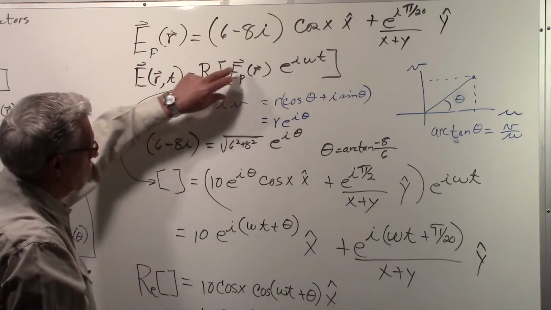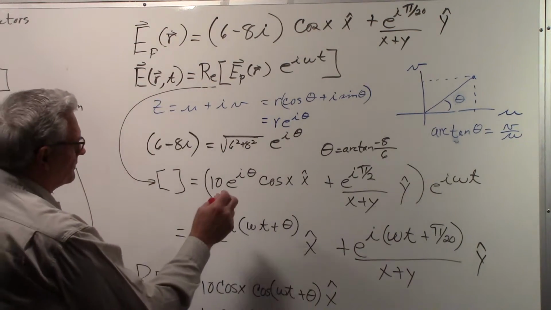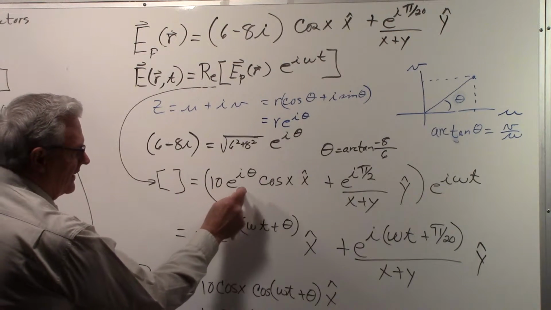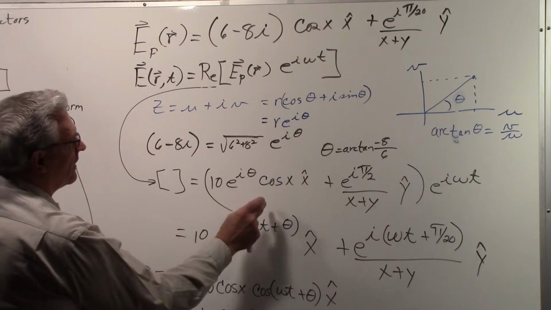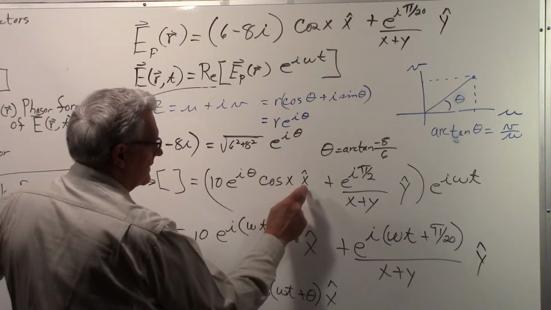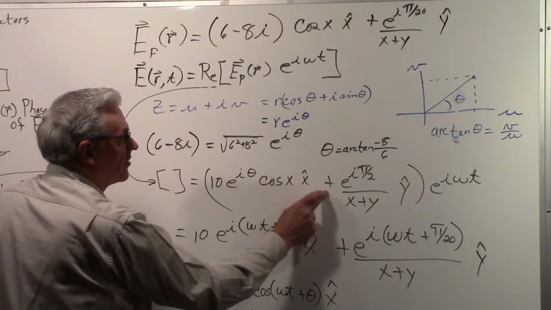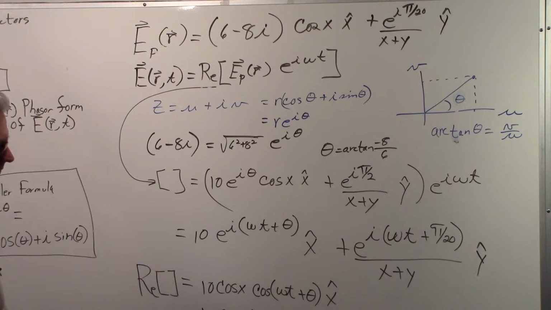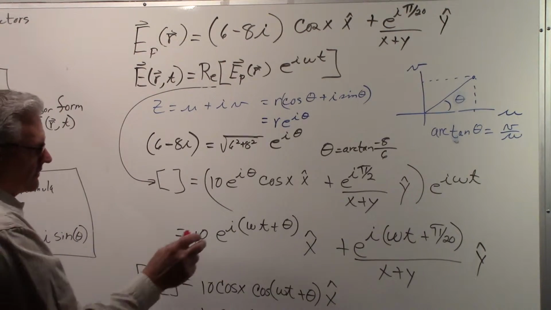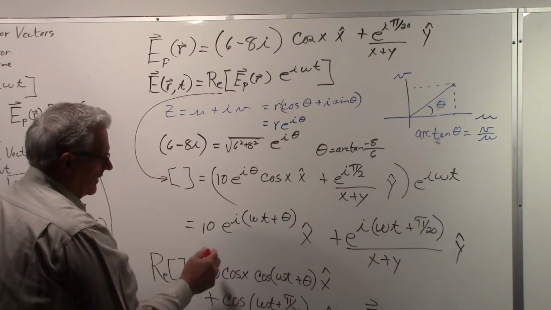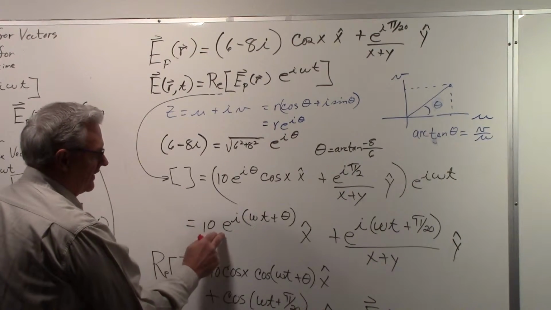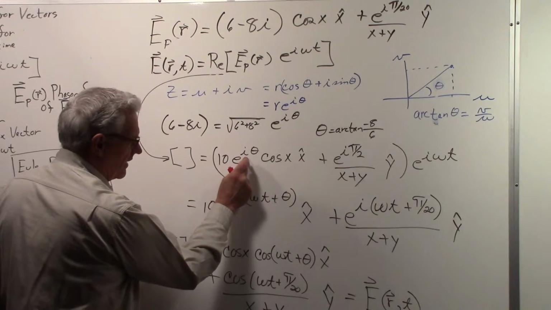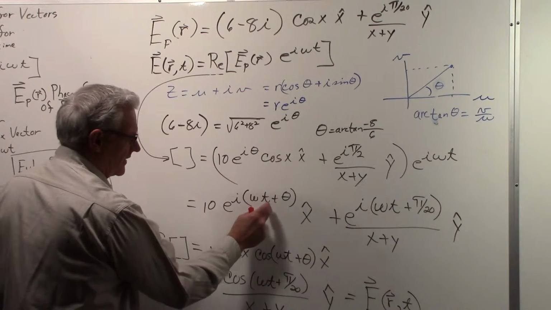So what we have in the square brackets here now, we can write as this quantity here, 10 e to the i theta, cosine x, unit vector x, plus the quantity times y, e to the i omega t. So we can take the e to the i omega t through, and we'll have 10 e to the i omega t plus theta. e to the i omega t times e to the i theta is going to give us omega t plus theta.